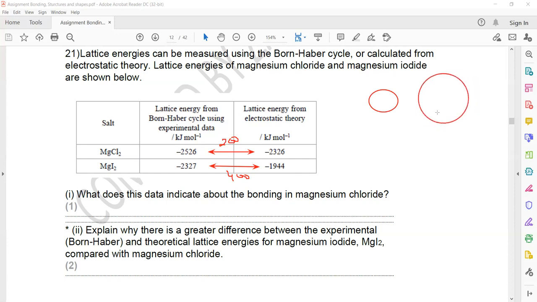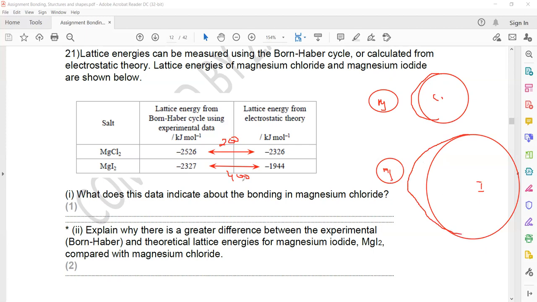the chloride ion is smaller in size, so there will be a distortion, but a smaller distortion, less polarization. But the iodide ion is larger in size, so the distortion of the iodide ion will be greater. So how do we write this answer? What is the reason for the difference? First thing you should mention: the iodide ion is larger than the chloride ion, so it is easily distorted.